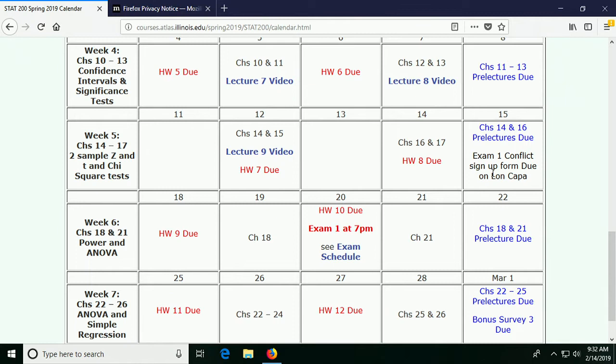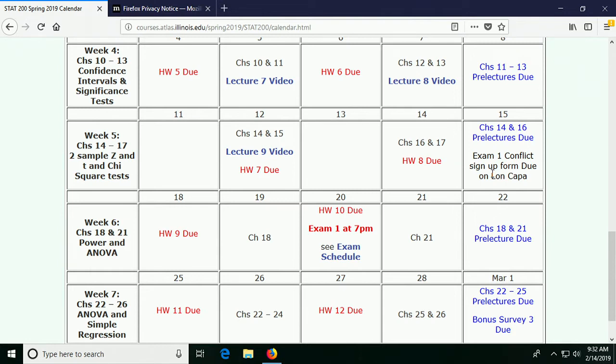And as I said before, you're not going to have a formula sheet. So the only test statistic that we're going to provide for you is the chi-square test stat, which we're going to go over today. You'll still need to know how to do the chi-square test, but we'll provide that test stat for you. All the rest you're going to have to know.